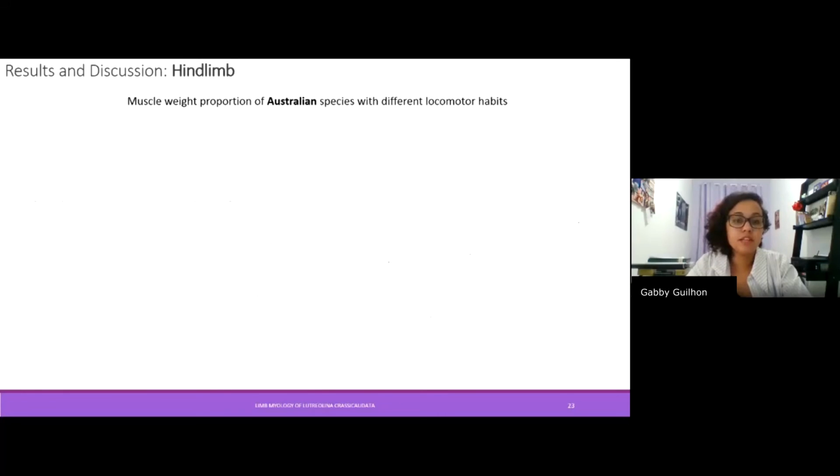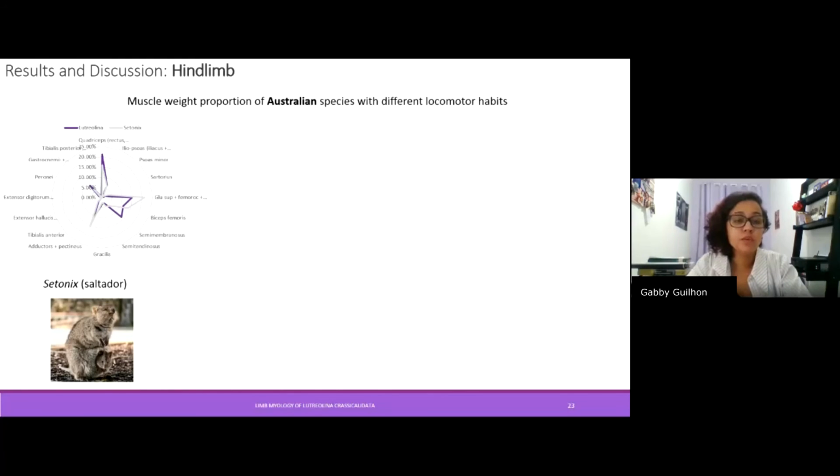And here we did the same analysis to compare with some Australian marsupials with different locomotion habits as well. So here we have Setonix, the quokka, a hopping marsupial, a macropodid. And we can see, as expected, that Setonix has many more gluteal muscles than Lutreolina for this action of hopping.